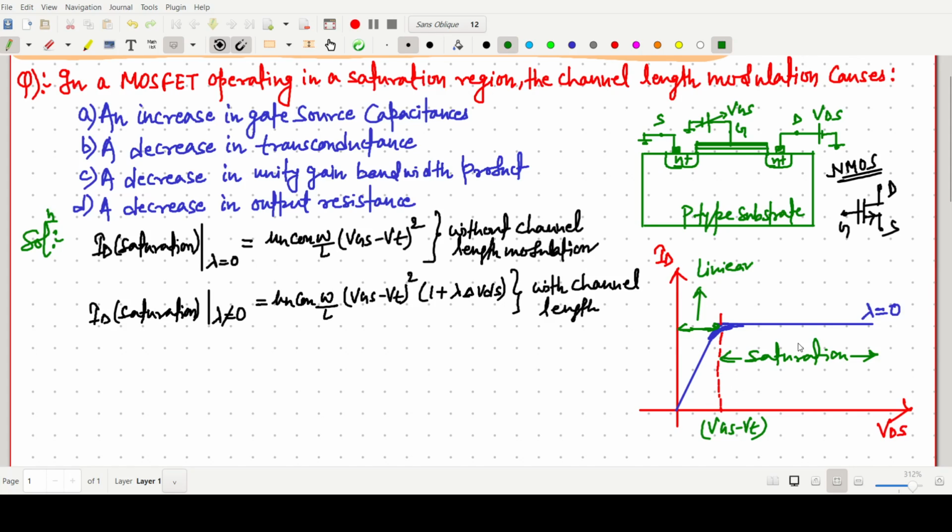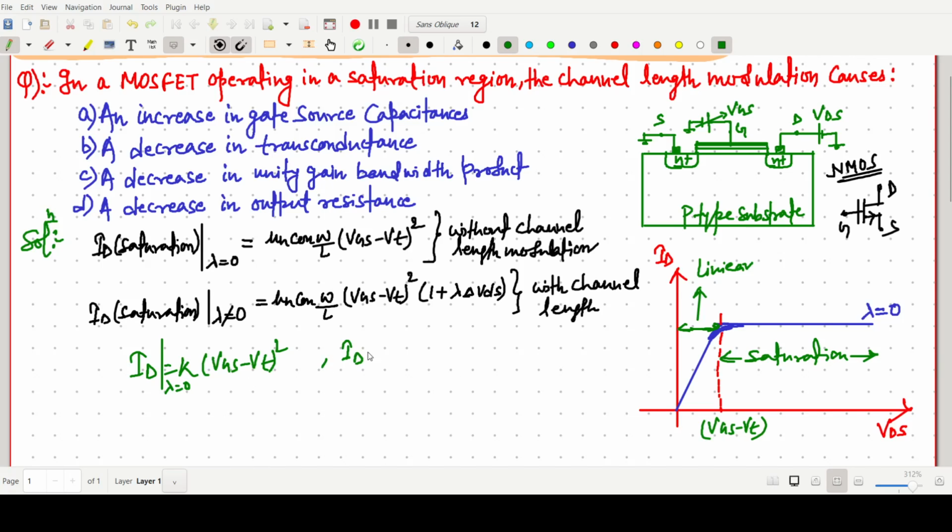Now we can write this whole term, mu n Cox W by L, as k. So ID equals k times VGS minus VT whole square with lambda equals to 0. This is the curve.